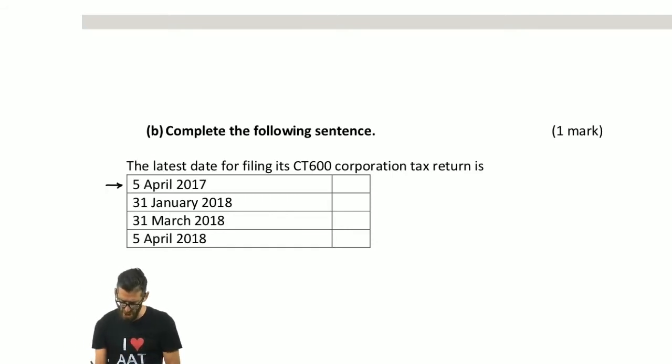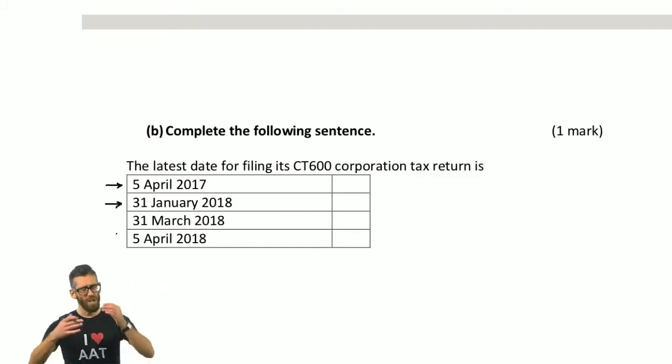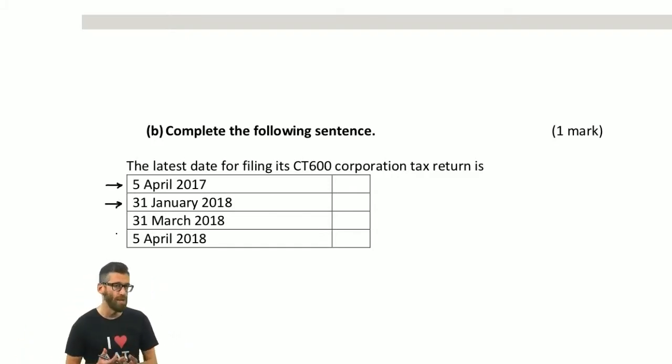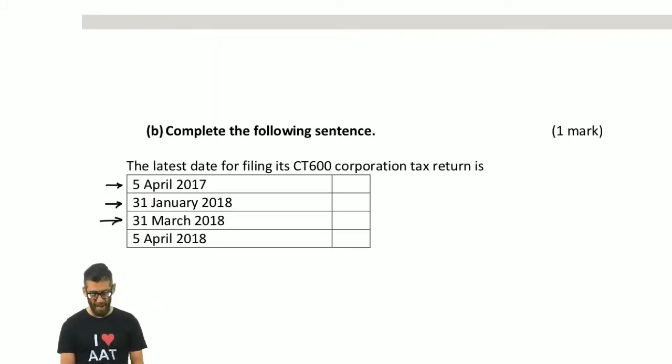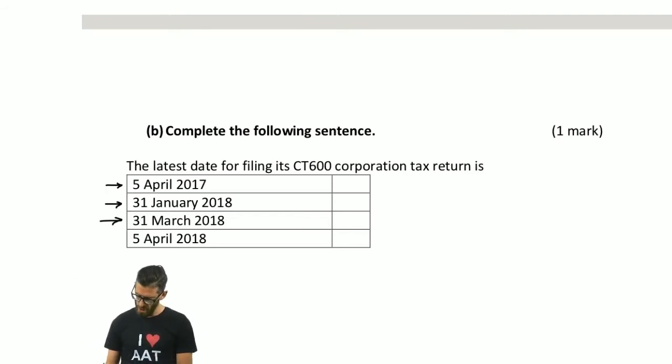The 31st of January 2017, well, that seems plausible because that's the kind of date that everyone normally ascribes to, 9 months after the end of the tax year. The 31st of March 2018, well, that is a full 12 months after our financial year is finished. Or the 5th of April 2018, I don't quite see the relevance in the inclusion of that.